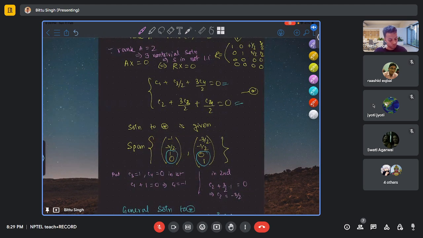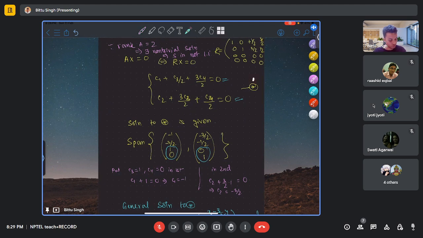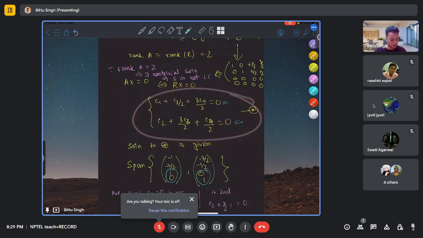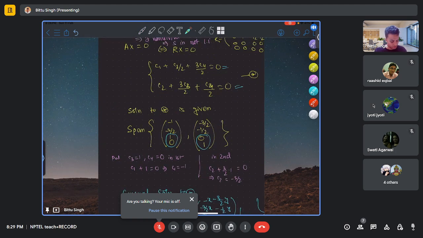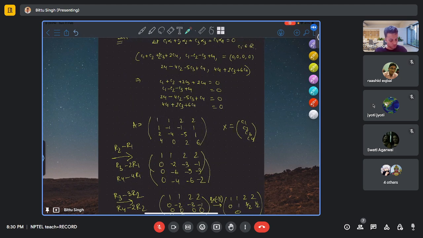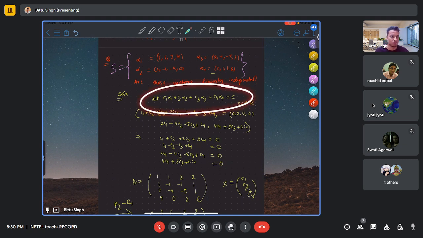Explicitly, we can solve those equations and find, for example, if you choose C1 to be -1, C2 to be -3/2, C3 to be 1, and C4 to be 0, this will satisfy this equation. This will also satisfy this equation.